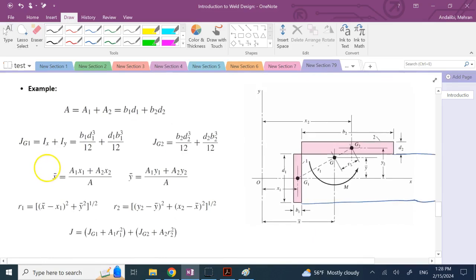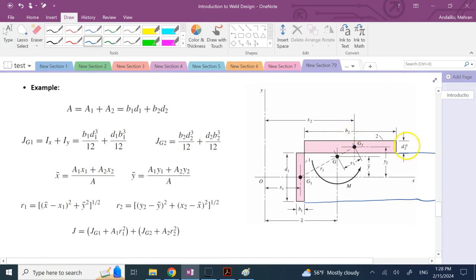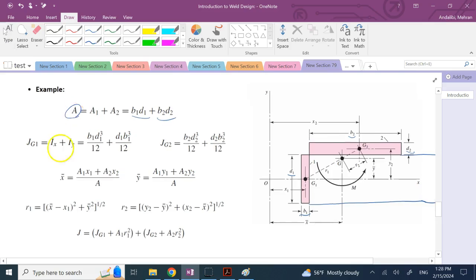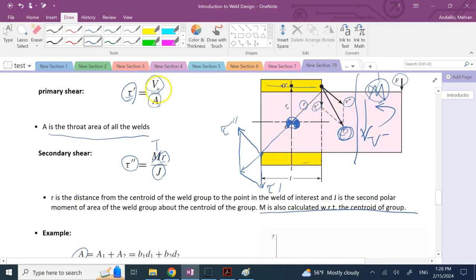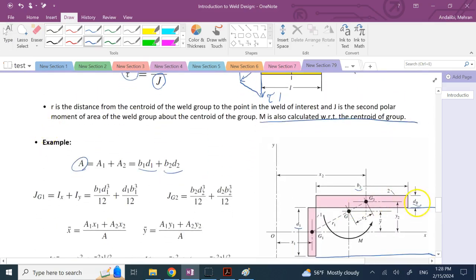So in this case, if we go with the dimensions we have, these D2 and B2, D1 and B1, if you multiply together and add together, that is the total area that you have. Assuming that these are the smallest thickness, otherwise you have to multiply them by a fraction of it, like 0.707 or something. And for the J, here you have two groups, group 1, this vertical one, and group 2, the horizontal one.